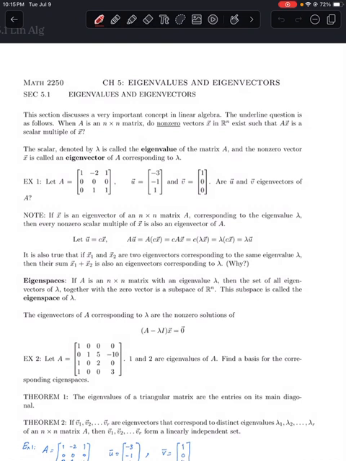Basically, the question is: if we have an n by n matrix, a square matrix, are there any non-zero vectors x such that A times x is equal to a scalar multiple of the vector itself?